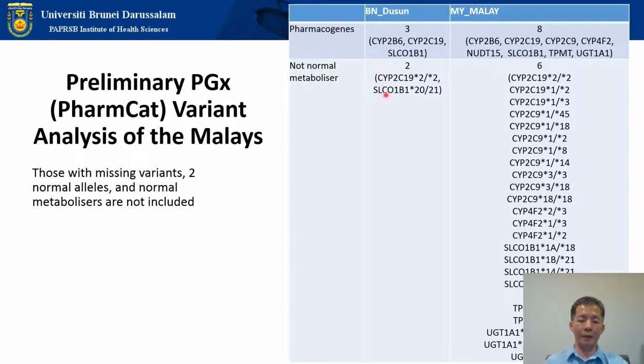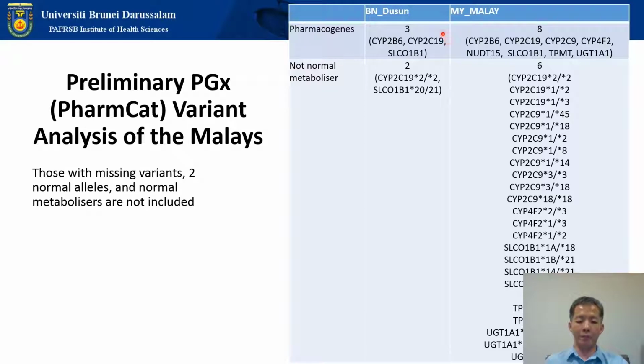So this is the pharmacogenes that we found to have been annotated by FunCat because they contain one allele or another which are responsible for drug responses.